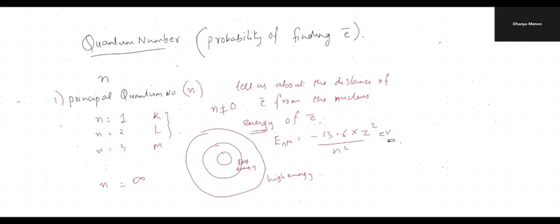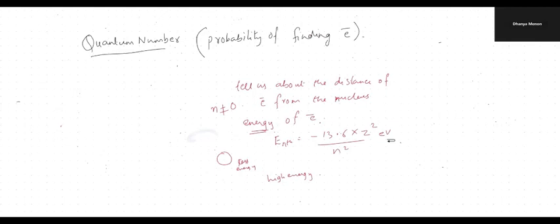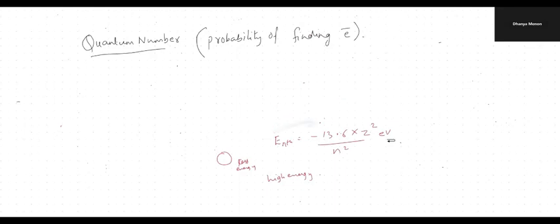Okay. Now, coming to the next quantum number, the second one is the azimuthal quantum number, or angular momentum quantum number.